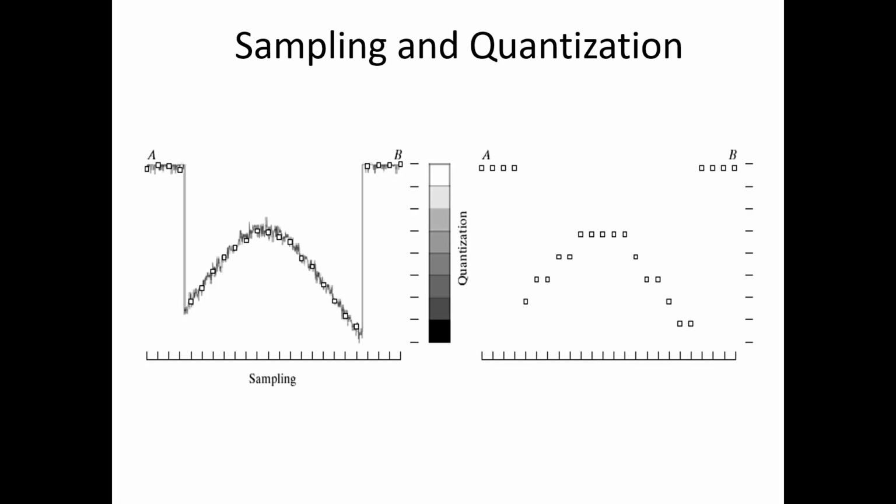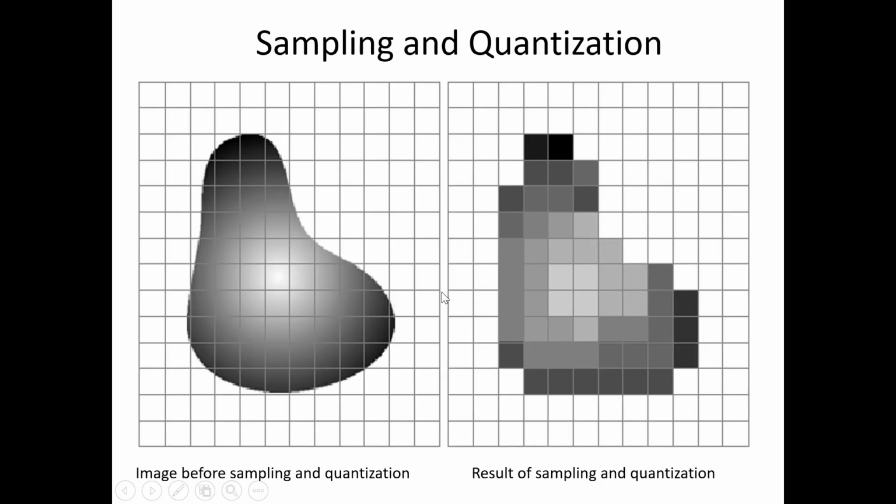If we are able to find the discrete values of the amplitude, then that process is known as quantization. This is one example. In this example, the first image is what we take as the input image.